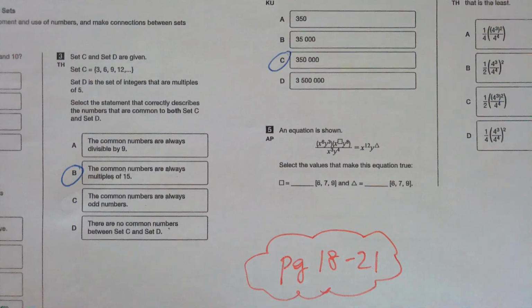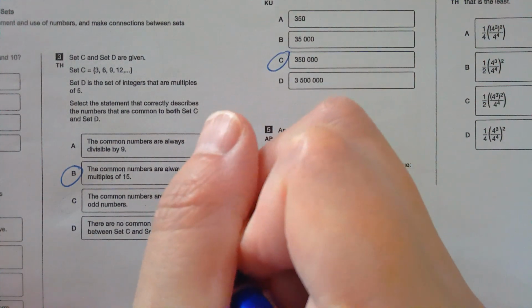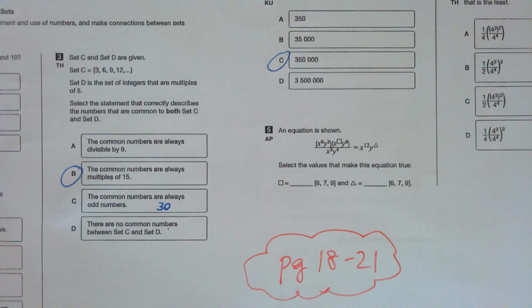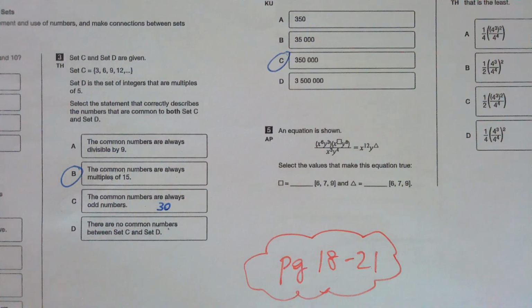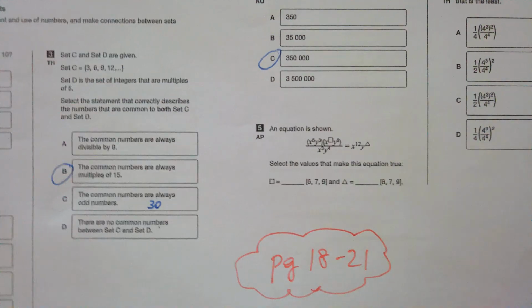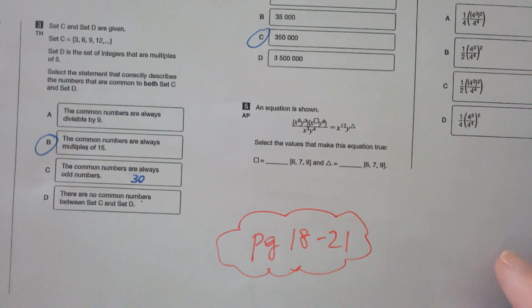Good call, because 30 is in the middle, but it's not an odd number. So that's why you see this dot dot dot. It actually keeps going. Good call, Margaret.